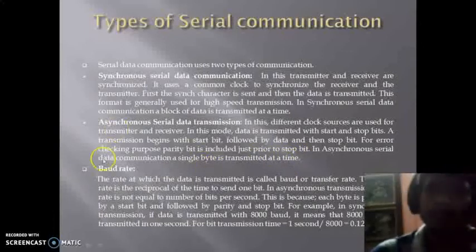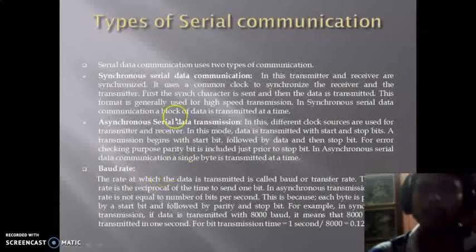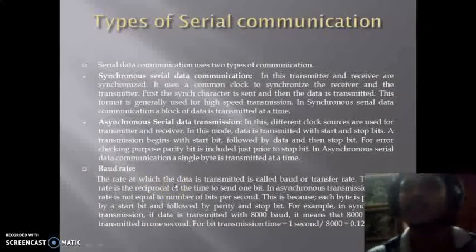Now, the baud rate is a very important part of serial communications. The rate at which data is transmitted is called the baud rate or the transfer rate. The baud rate is the reciprocal of the time to send one bit. In asynchronous transmission, baud rate is not equal to the number of data bits per second, because each byte is preceded by a start bit and followed by a parity and stop bit.